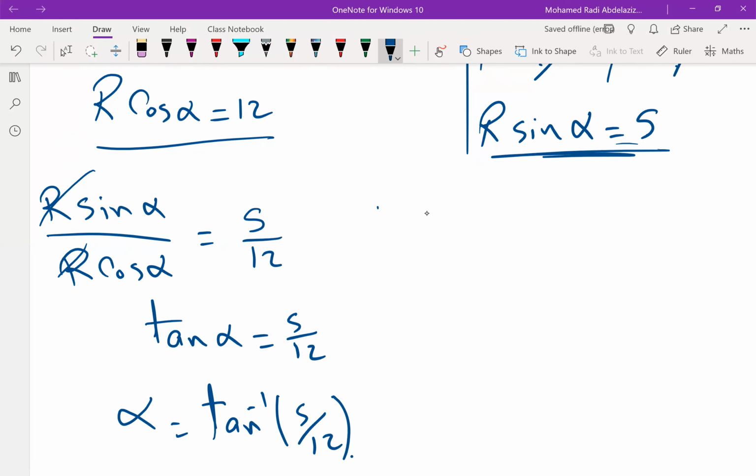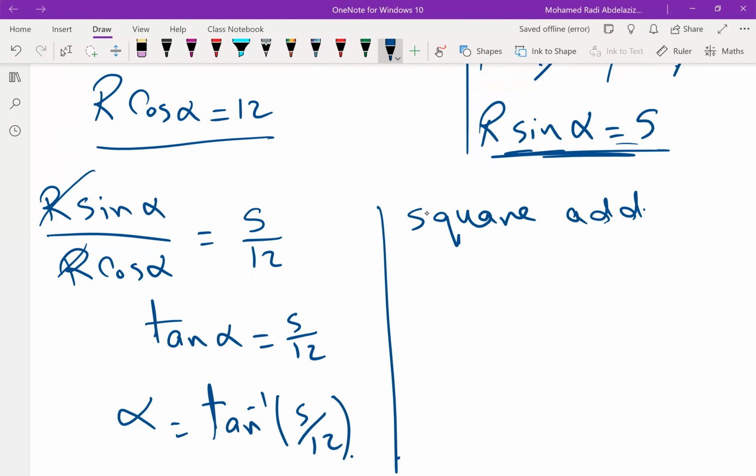In the same way, you can substitute alpha in any equation to get r, or you can square then add. If you square the two equations, you get r squared sine squared alpha plus r squared cosine squared alpha, 5 squared is 25, 12 squared is 144.